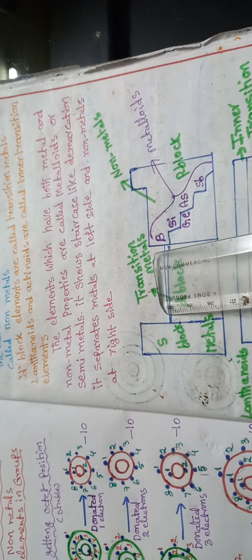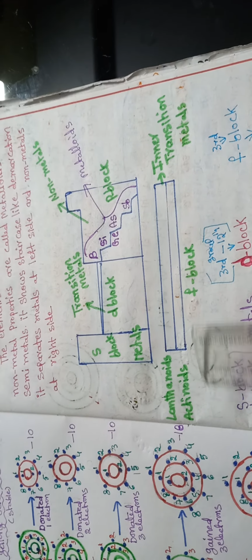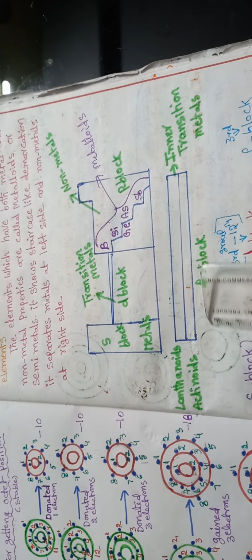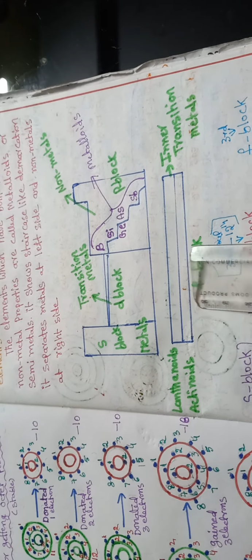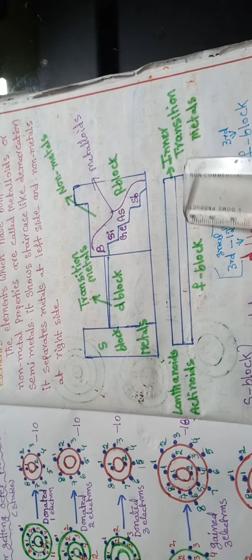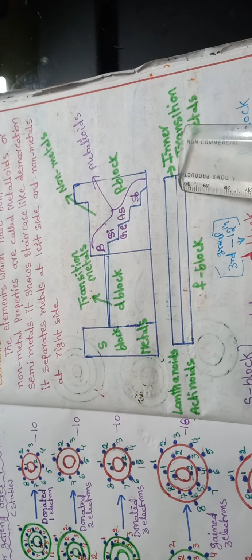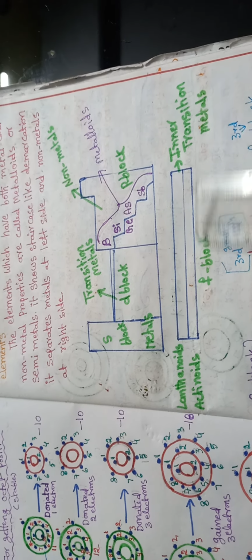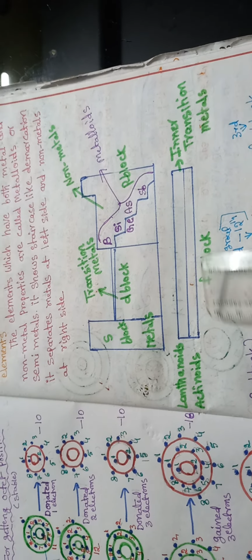Okay. Next one, lanthanides and actinoids. So F block elements are there. These lanthanides and actinides elements are called inner transition metals. Why? Because the F block elements are in the third group.